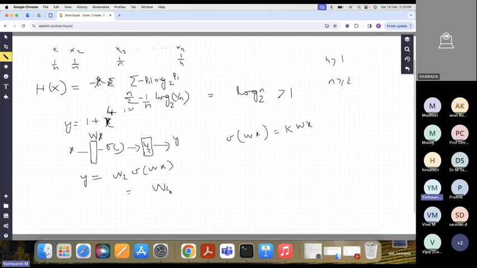In the end, what you get is w2 times w1 times x. This is a linear function of x. Now, this can never approximate your nonlinear function, 1 plus x to the power 4. So any other nonlinear activation works, but not this linear one. Is that clear?